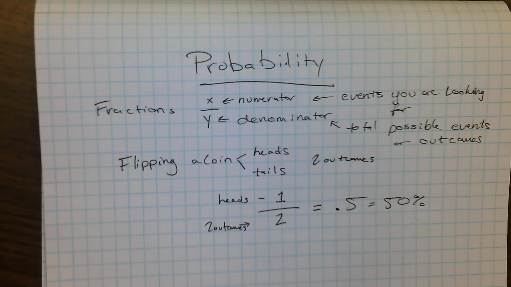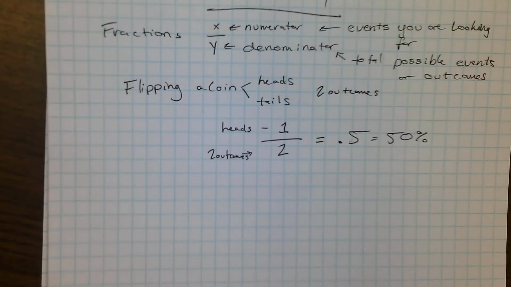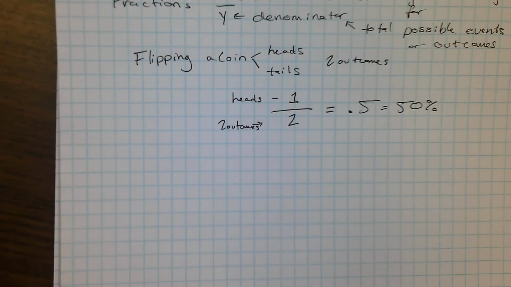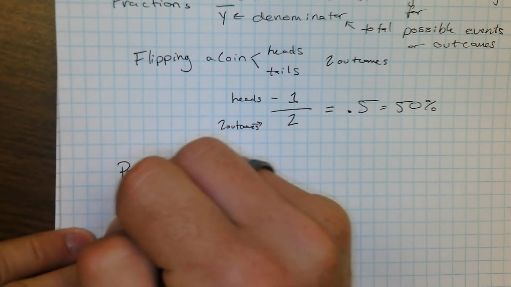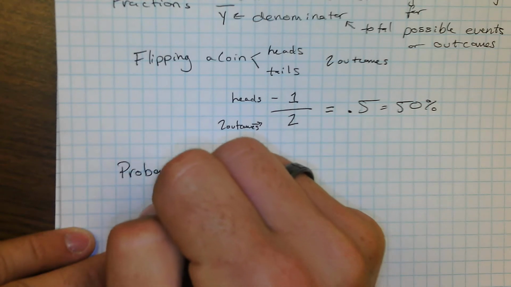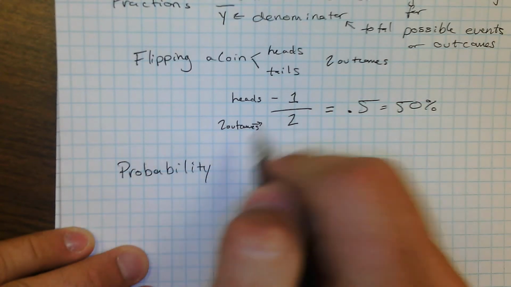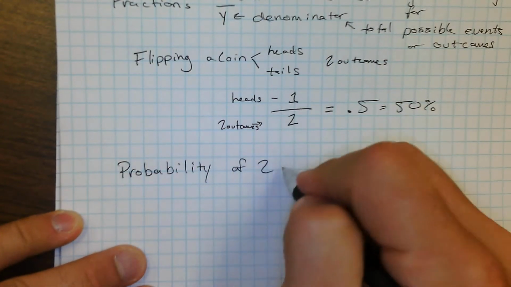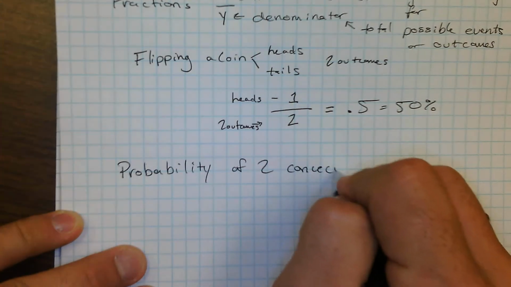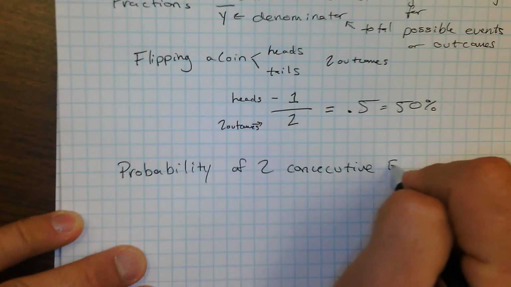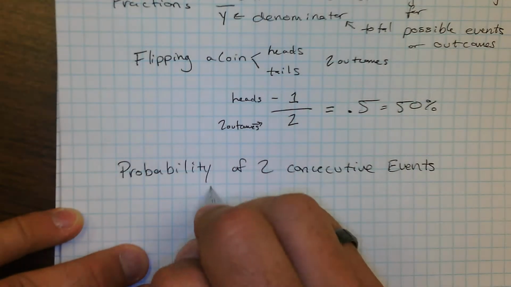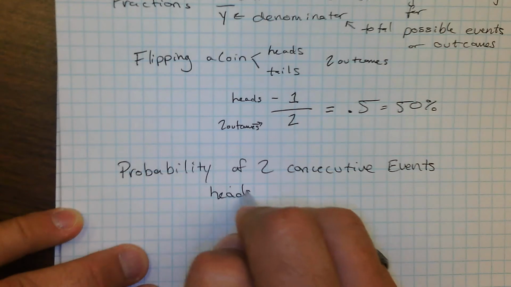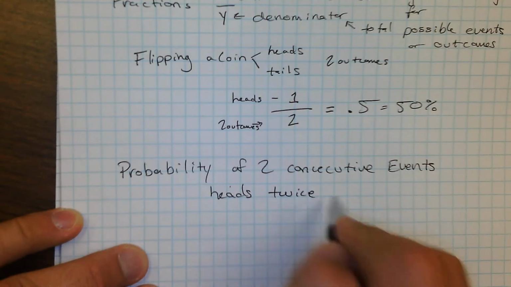Now, if we're looking to find out the probability of flipping heads 2 times in a row, alright, we'll be looking for the probability of 2 consecutive events. We're looking for heads twice.